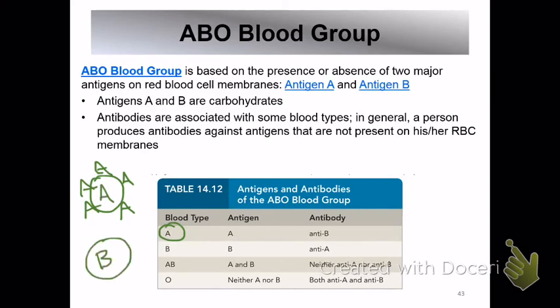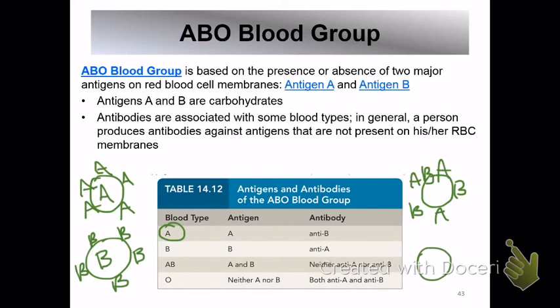If you have B blood, then you have B antigen. Which would mean if an A were to get into your blood, it would start an immune response. Okay, if you have AB, you have both. So you have A's and B's. If you have O, that means you have a little naked red blood cell. No surface proteins. Both anti-A and anti-B.